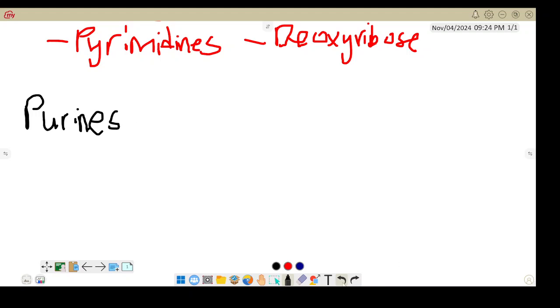We have the purines and pyrimidines. You should be able to consolidate a complete flowchart that shows how the information is nicely flowing. So this is our pyrimidine.